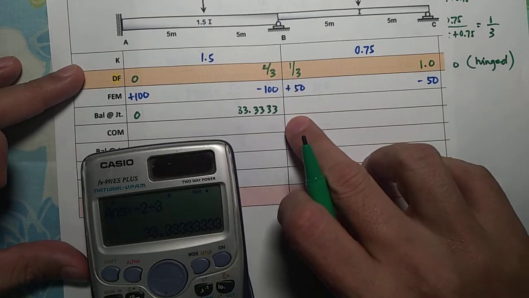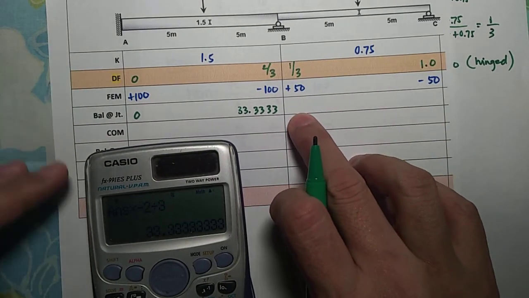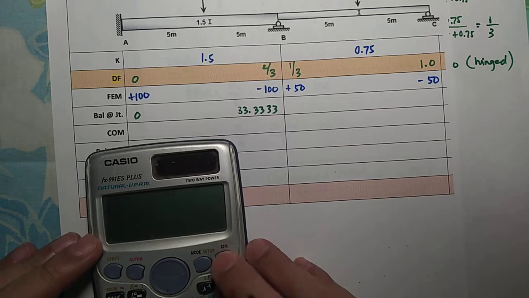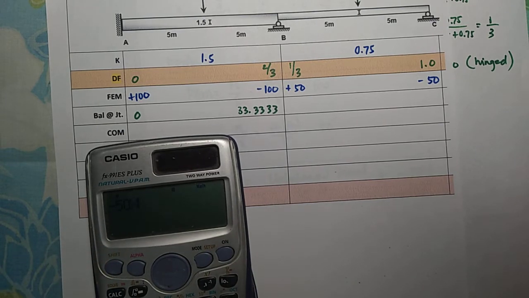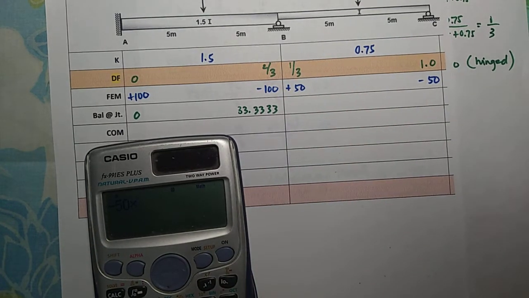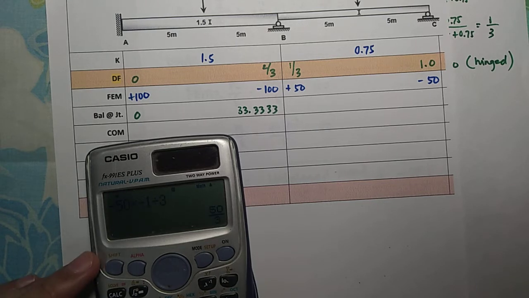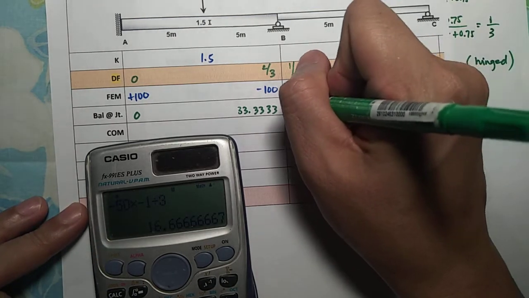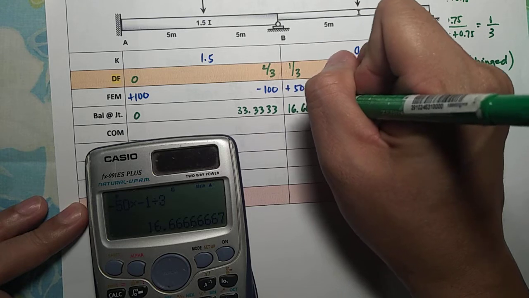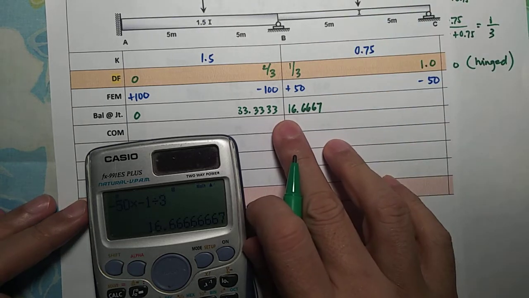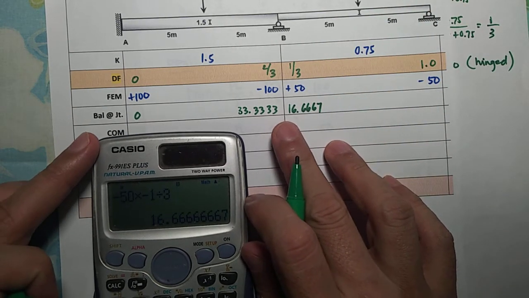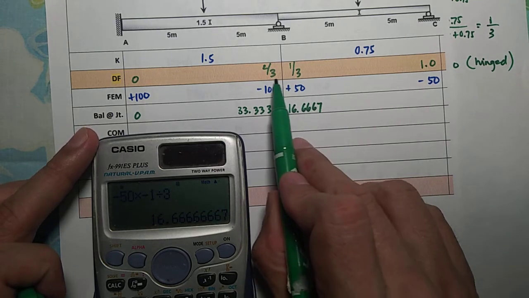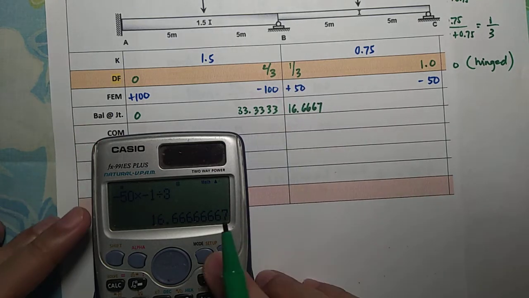Okay, how about dito? Ano ang balance at a joint here? So, that would be negative 50 times the negative of 1/3. So, that would be 16.6667. Now, to check again kung tama yung balance at a joint mo, dapat yung summation mo ng moment at this joint should be equal to 0. Tignan natin.